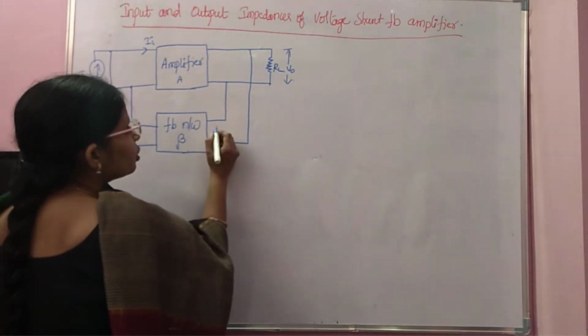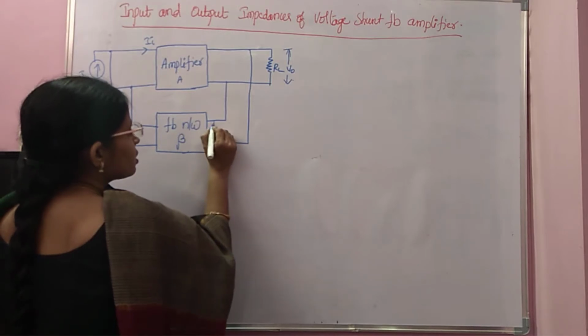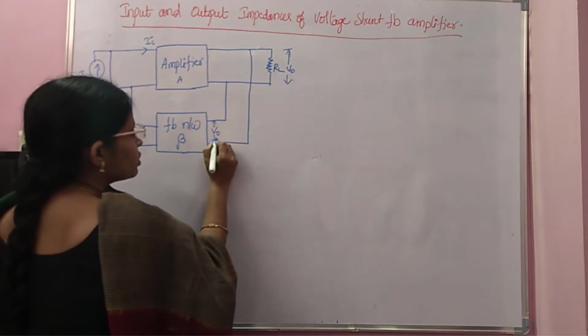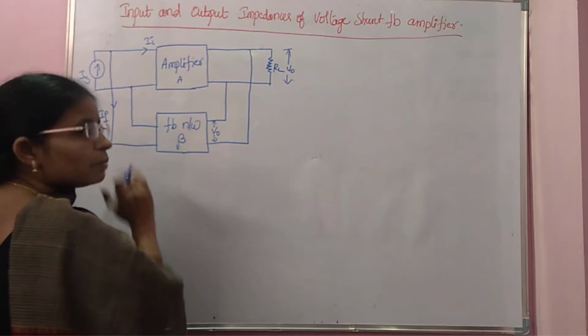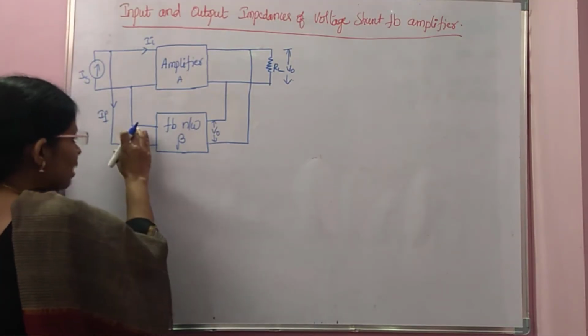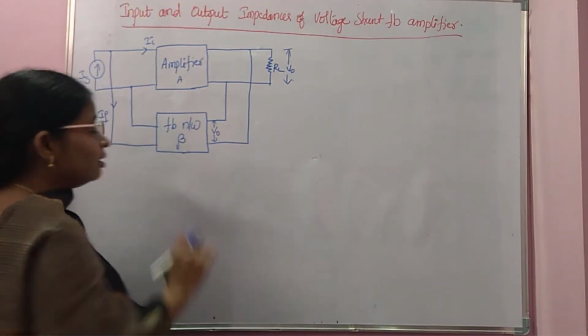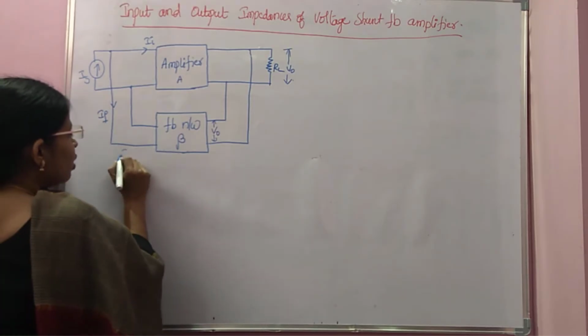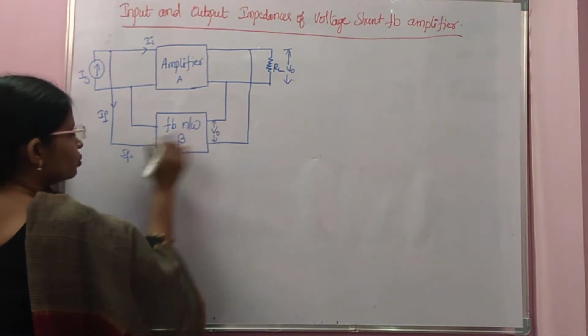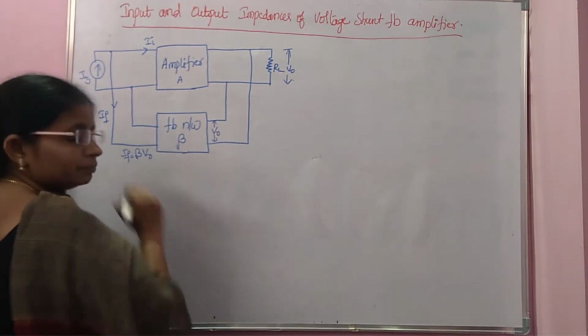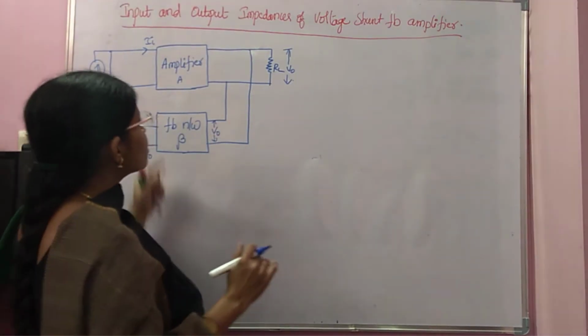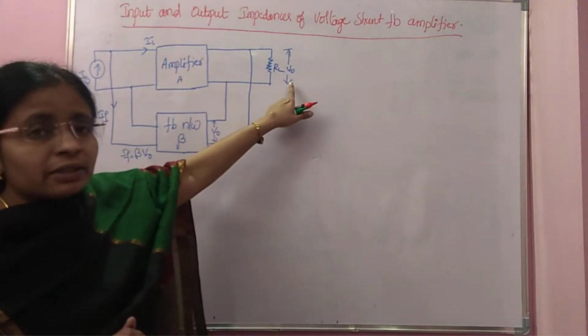What is the input of the feedback network? V0, because the output is voltage. What is the output of the feedback network? As the feedback has to mix with the current, it is the current IF, and IF is equal to beta V0. What is the amplifier output?